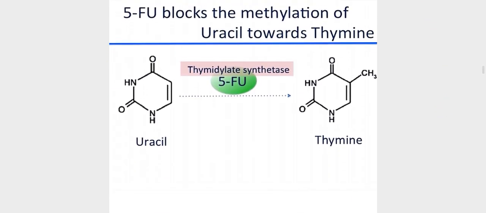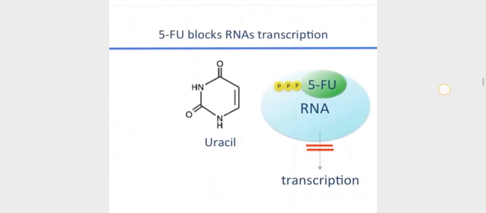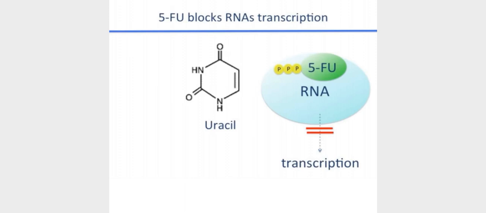So 5-FU blocks the methylation of uracil towards thymine. Uracil, thymidylate synthetase, thymine. 5-FU also blocks RNA transcription.